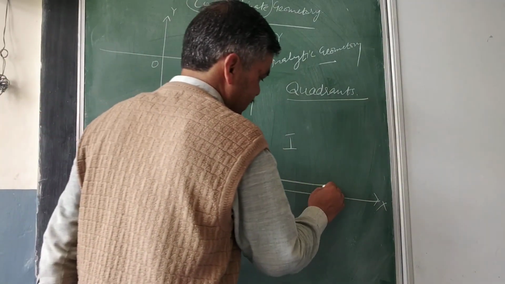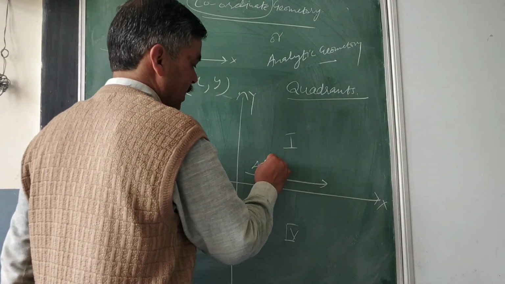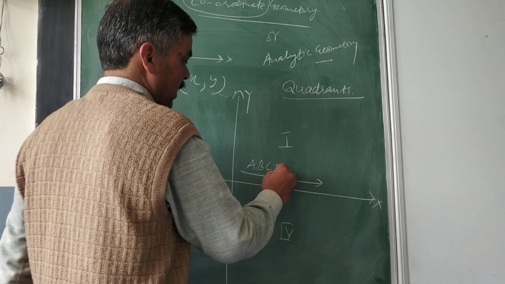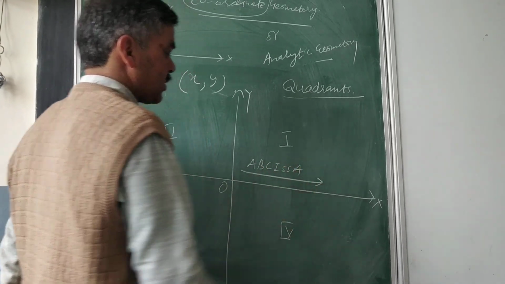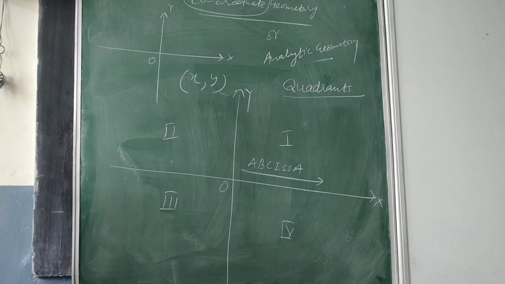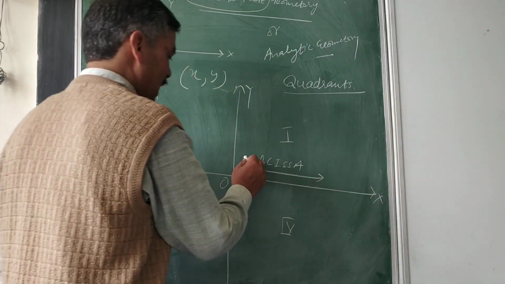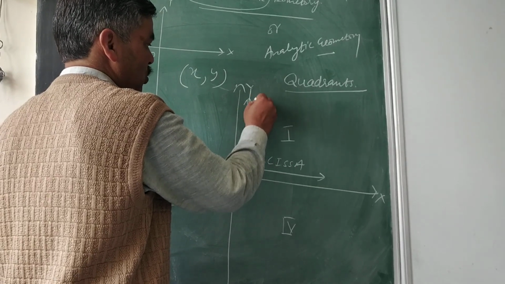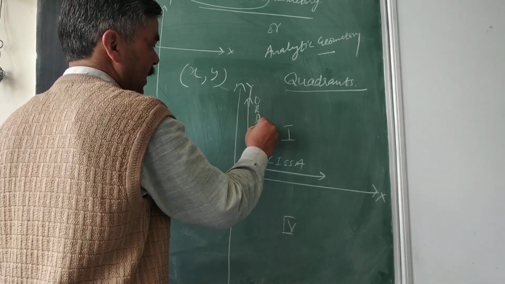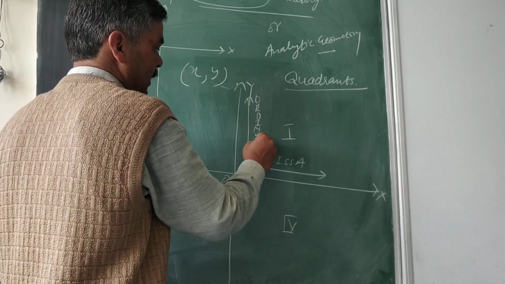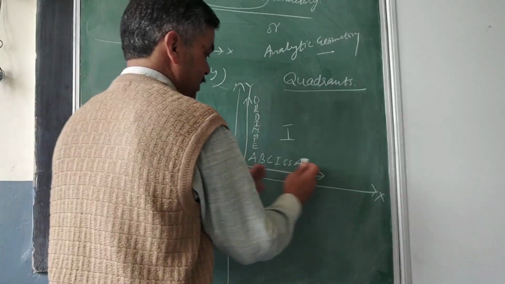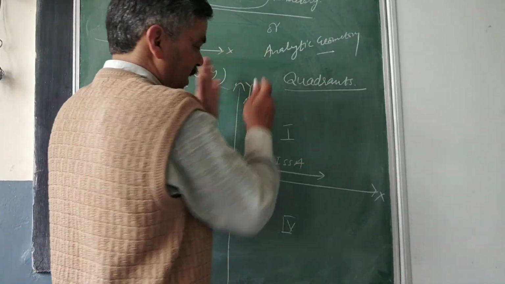When you are moving this side, this is called abscissa, A-B-S-C-I-S-S-A. This is a Latin word. It means distance along the x-axis. And its ordinate, O-R-D-I-N-A-T-E. Abscissa and its ordinate at a time.